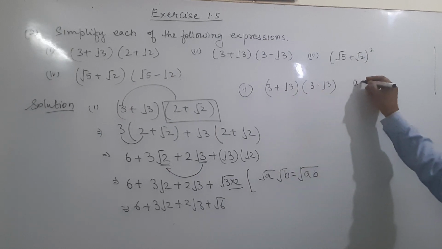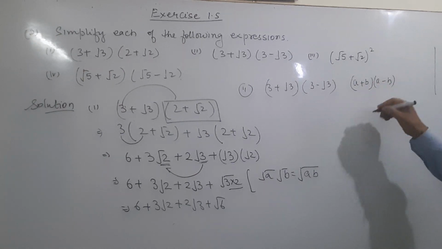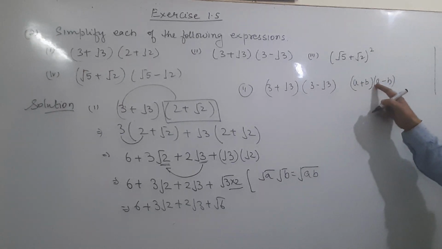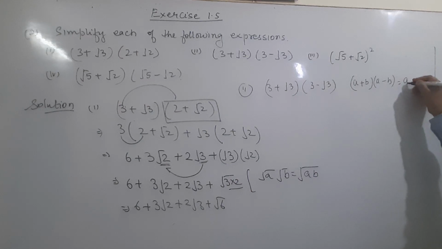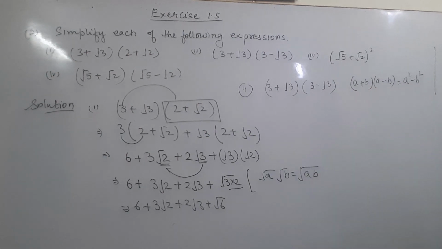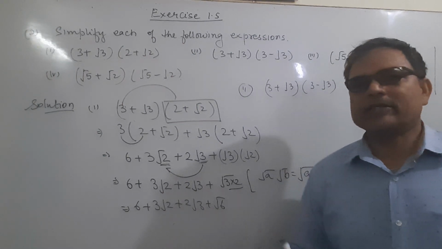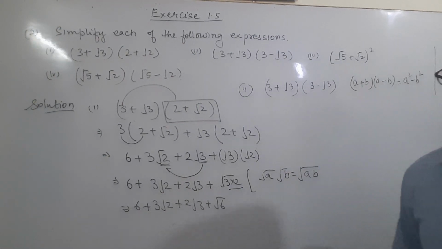We have to apply the identity a plus b into a minus b is equal to a square minus b square. And we will prove later that a plus b whole square equals a square plus b square plus 2ab. All three identities which I explained in the previous video, we will geometrically verify.